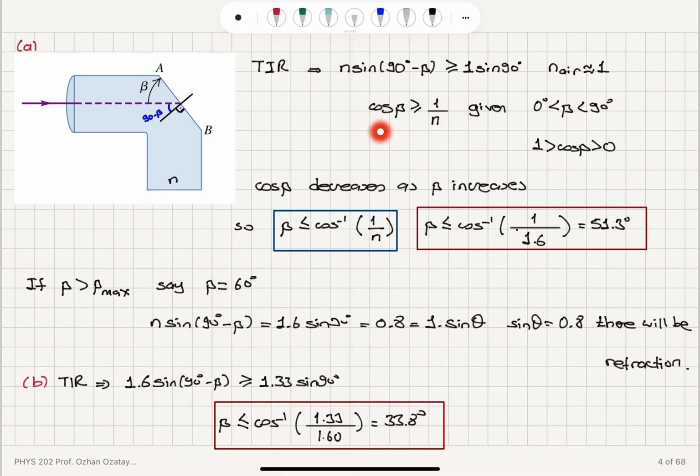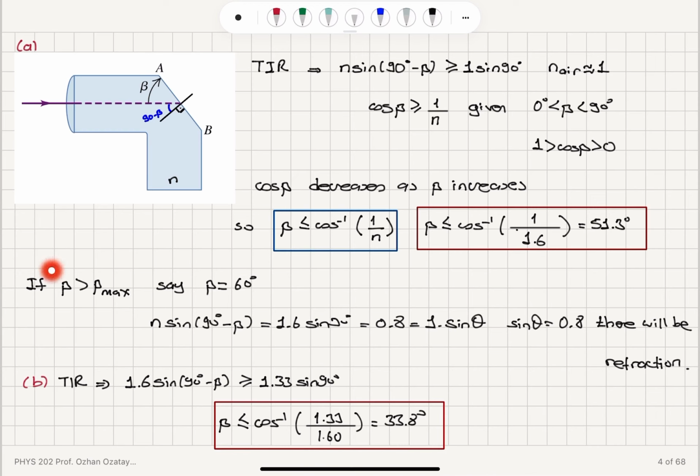And that gives us cosine beta greater or equal to 1 over n. Since as beta increases, cosine beta decreases between 0 and 90 degrees, beta is less or equal to cosine inverse 1 over n, which is 51.3 degrees.